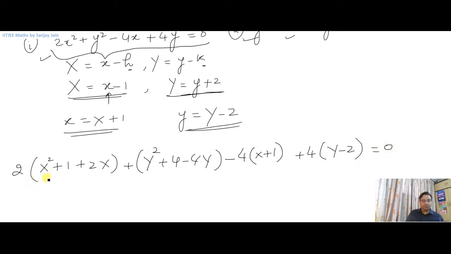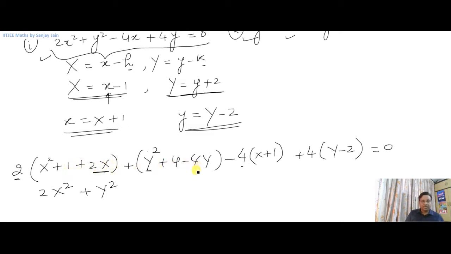So the new equation will become: how many X squared are there? 2X squared. How many Y squared? Only 1 Y squared. Now how many X are there? 2 into 2X, that is 4X, minus 4X, so X will cancel out and there will be no term containing capital X.